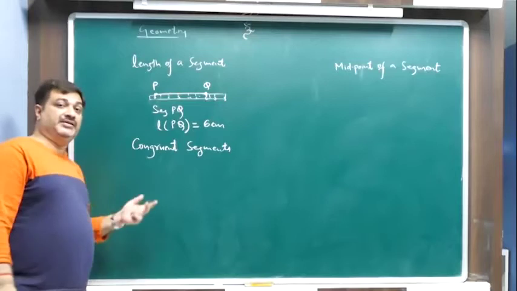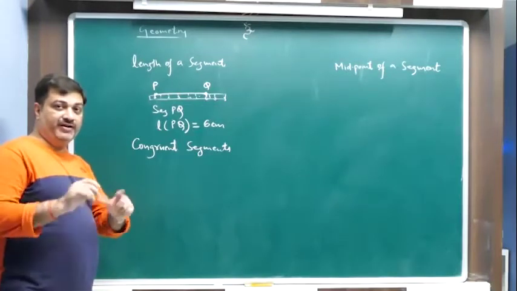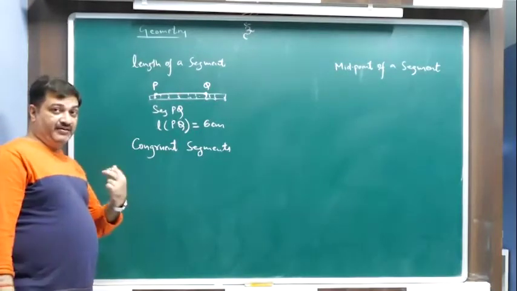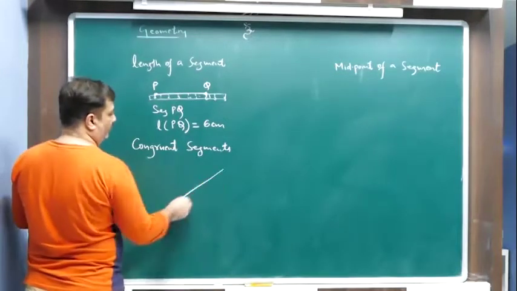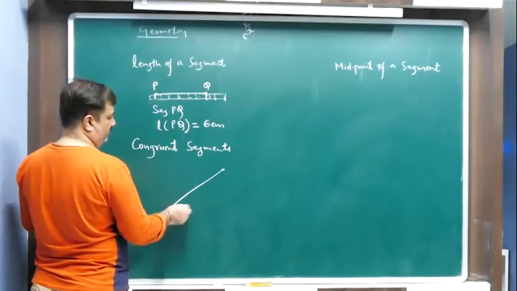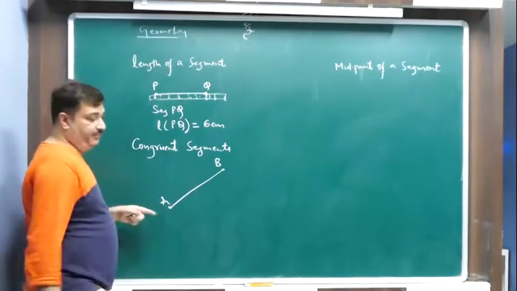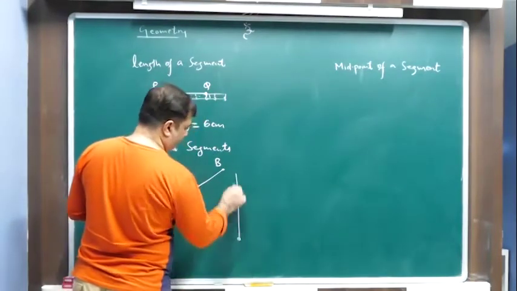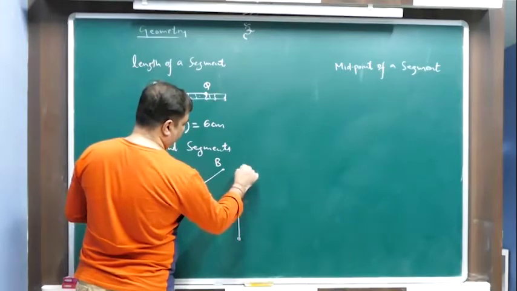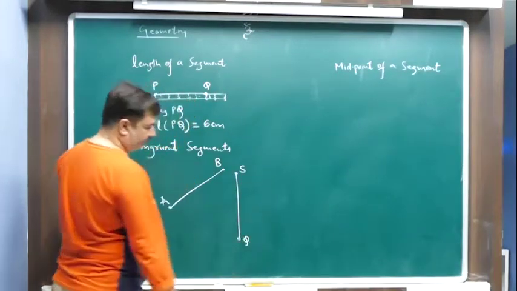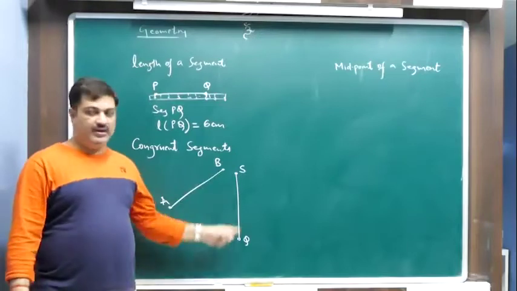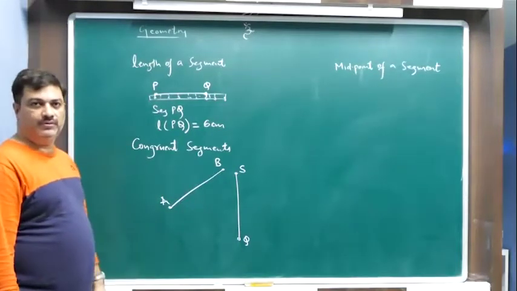Congruent segments means you have more segments, then only you can compare. So now you're comparing segments, right? If I have one segment here, I call it AB, and I have one more segment here, calling it SQ.